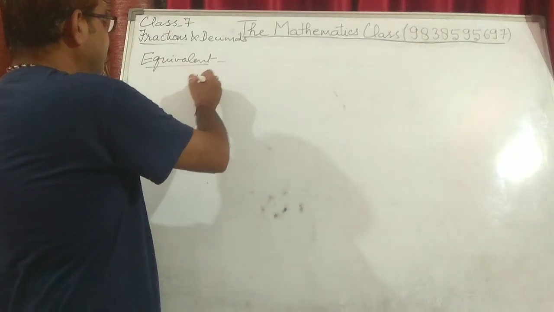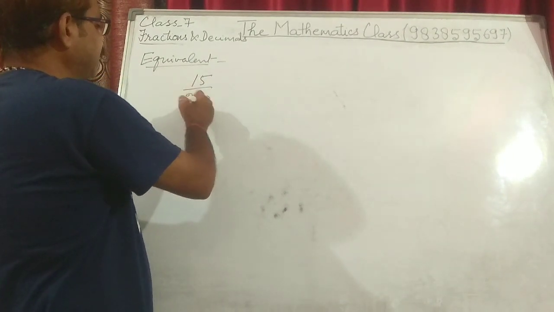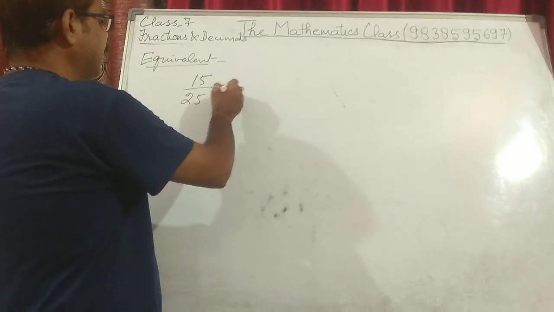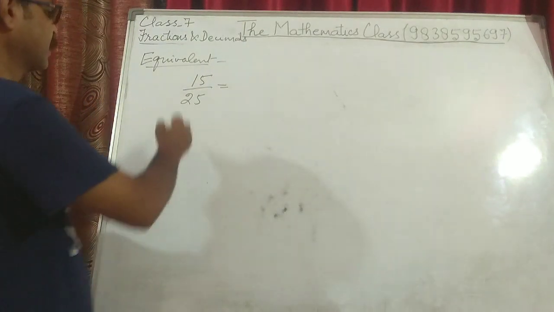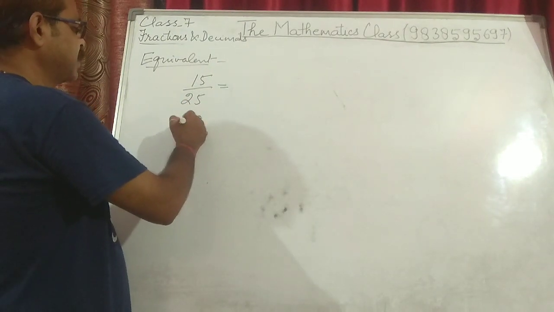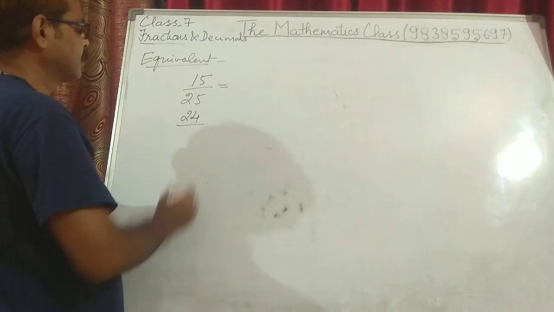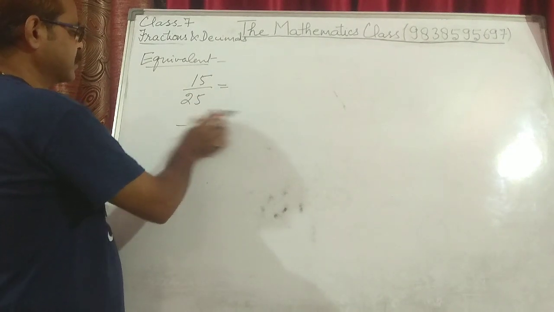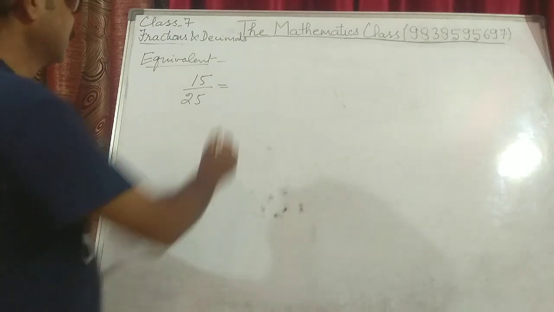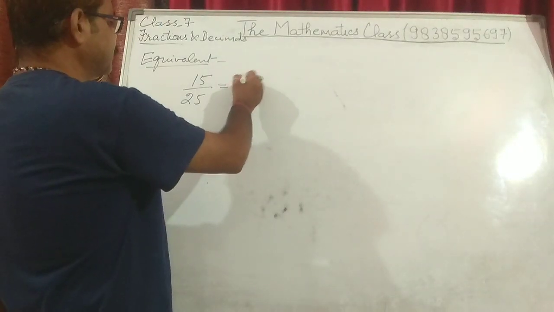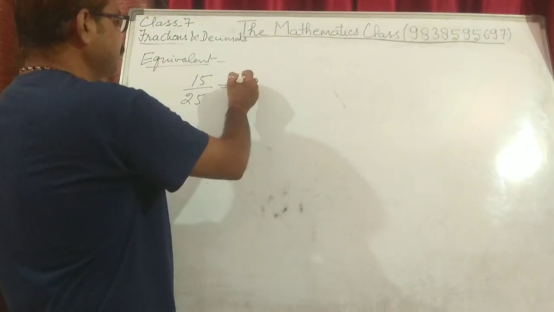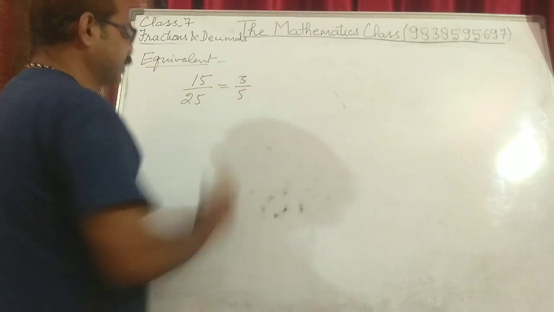Suppose I say 15 upon 25, and let us say 24 upon 40. 15 can be written as 3 5s are 15, 5 3s are 15, and 5 5s are 25.